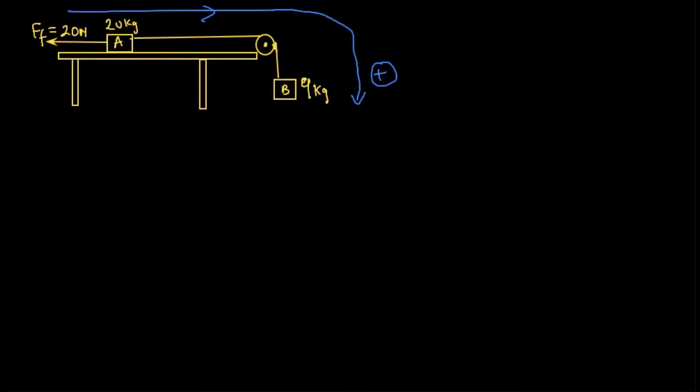So what forces are going to be existing? For body A, you already have the friction represented there, but you're also going to have the tension. And then on body B, mass B, you're going to have the tension pointing upward, and then the force of gravity for mass B. So how do you work this one out?